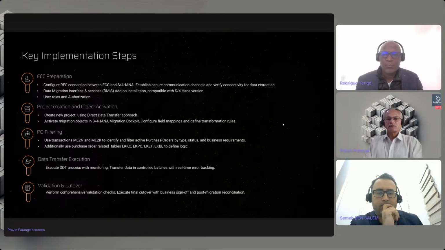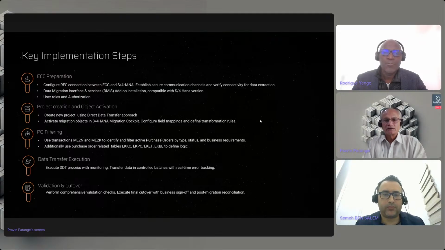Next one, project creation and object activation in S4 HANA. This activity falls within the migration cockpit. The first task is to create a new project using the direct data transfer approach in the migration cockpit.